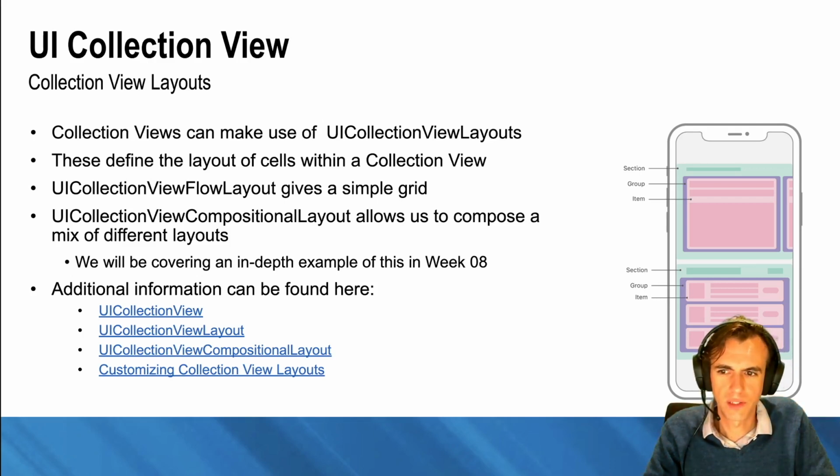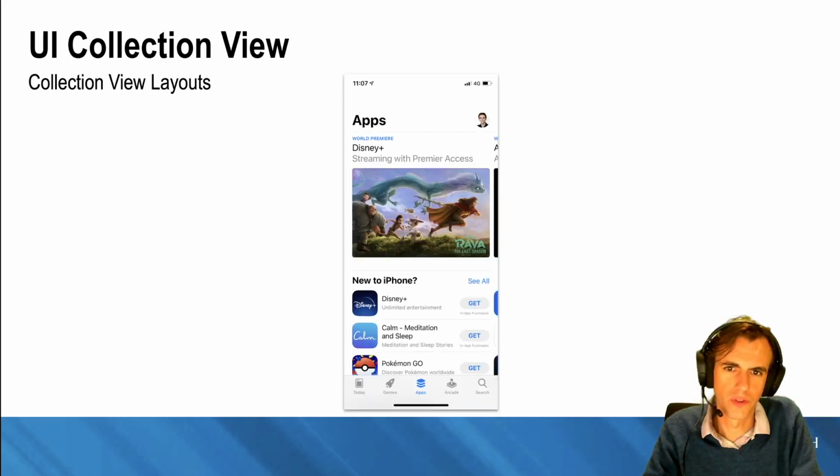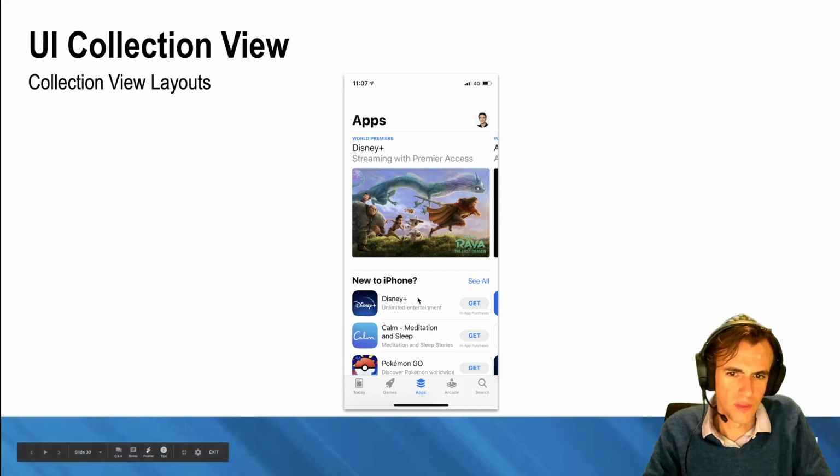And you might have seen something like this as part of the App Store iOS app that Apple distribute, where obviously you can see the preview tiles up the top for featured things that are in a horizontally scrolling list, and inside a vertically scrolling list, and then this section of new to iPhone are also horizontally scrolling separate to the top one. They can be scrolled independently.